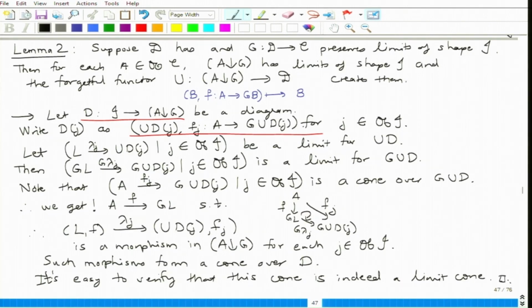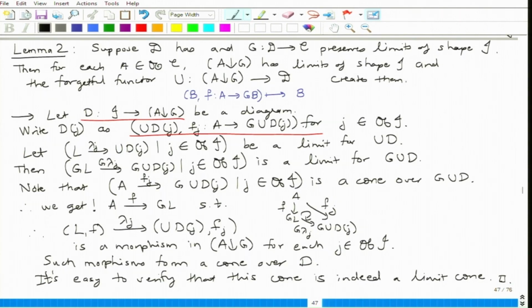And that's the end of the proof. So we found a cone, and then you have to start with an arbitrary cone, then you again have to go down to category D by applying the forgetful functor and play the same game. So arrow categories are not as difficult as they seem. They are very useful tools to understand this.